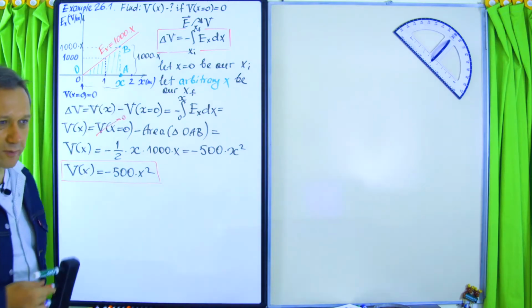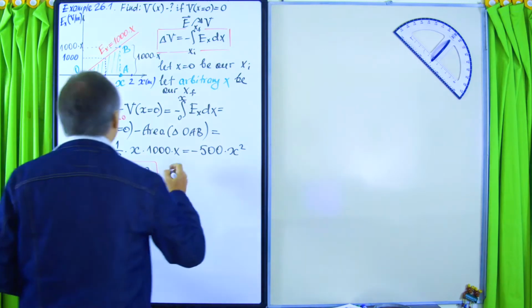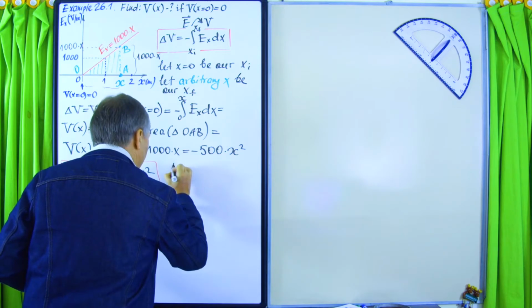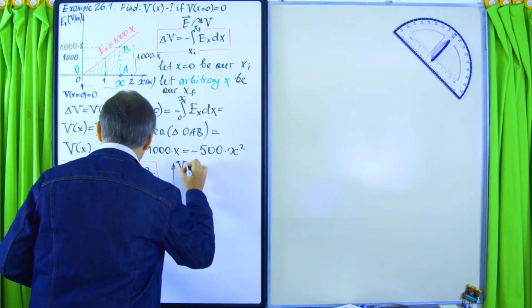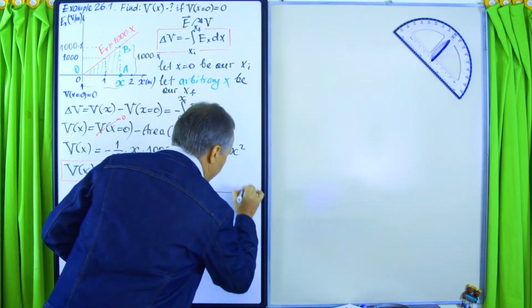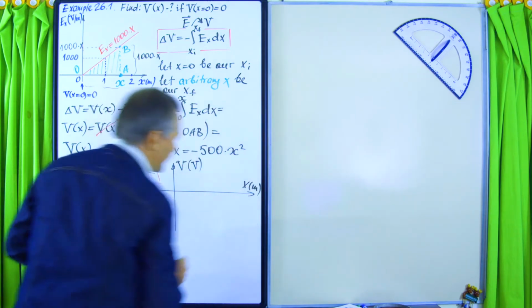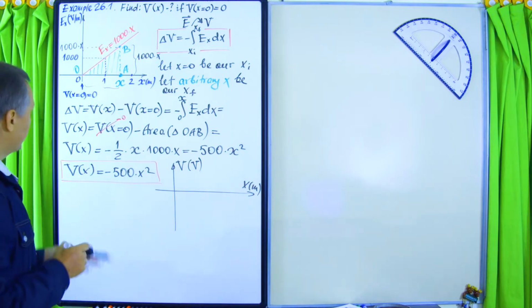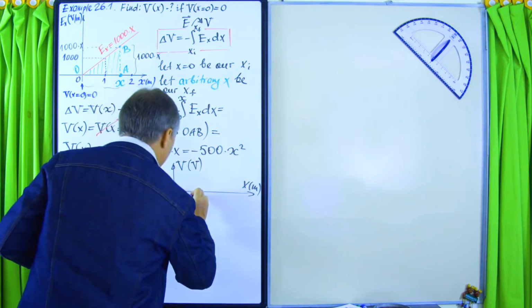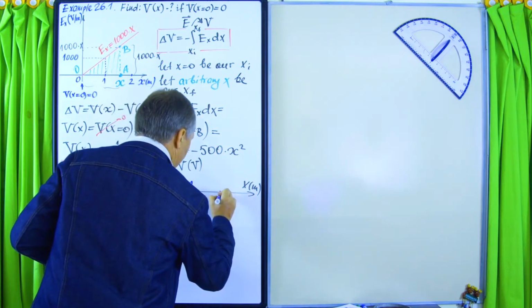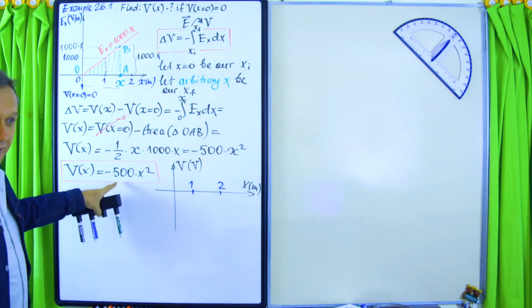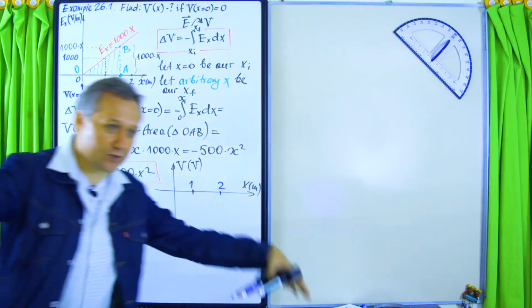And let me plot it. Right, so let's say I will plot it here. So this will be v, of course, units of V. And let's say this is x in meters. And our points 1 and 2, let's say 1, 2, and our plot is a parabola with branches down.